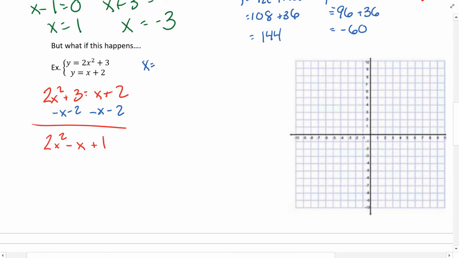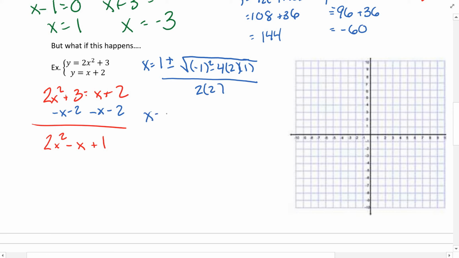x equals, well, negative b is negative 1, so it's 1 plus or minus. And we're going to pay attention to the square root specifically. I'm going to have negative 1 squared minus 4 times 2 times 1, all over 2 times 2.